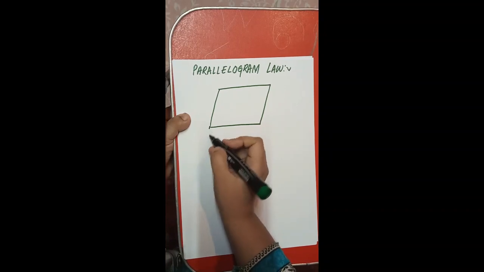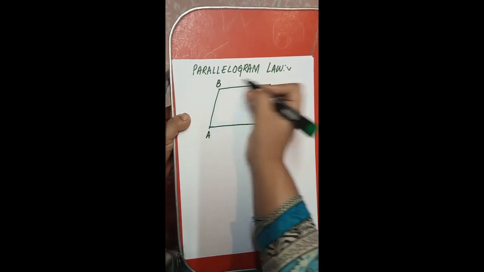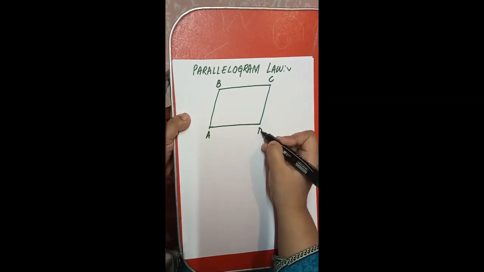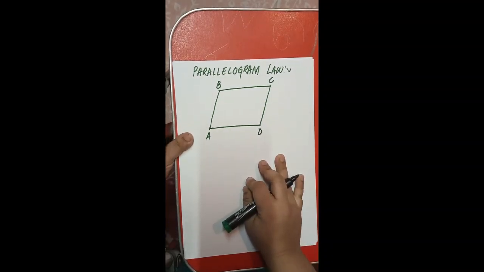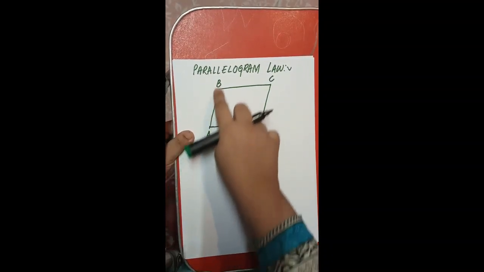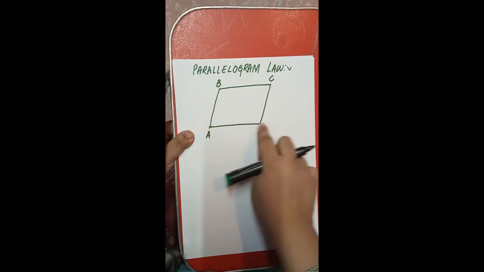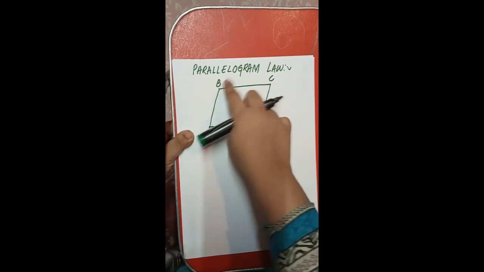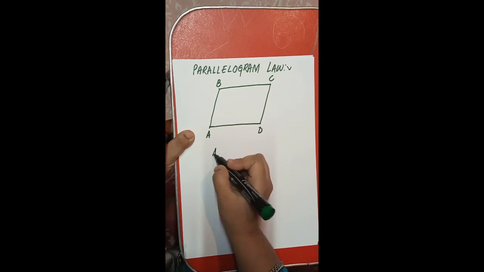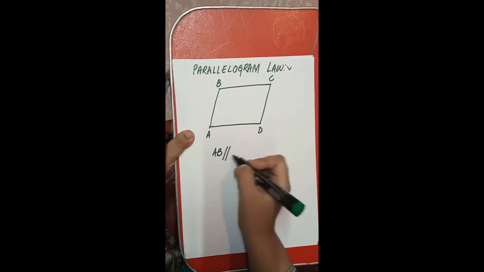For example, this one is the parallelogram, and this side is A, this one is B, this is C, and this one is D. So if this side is AB, so this side DC is parallel to AB. So can I write AB is parallel to CD or DC, whatever you want to write?